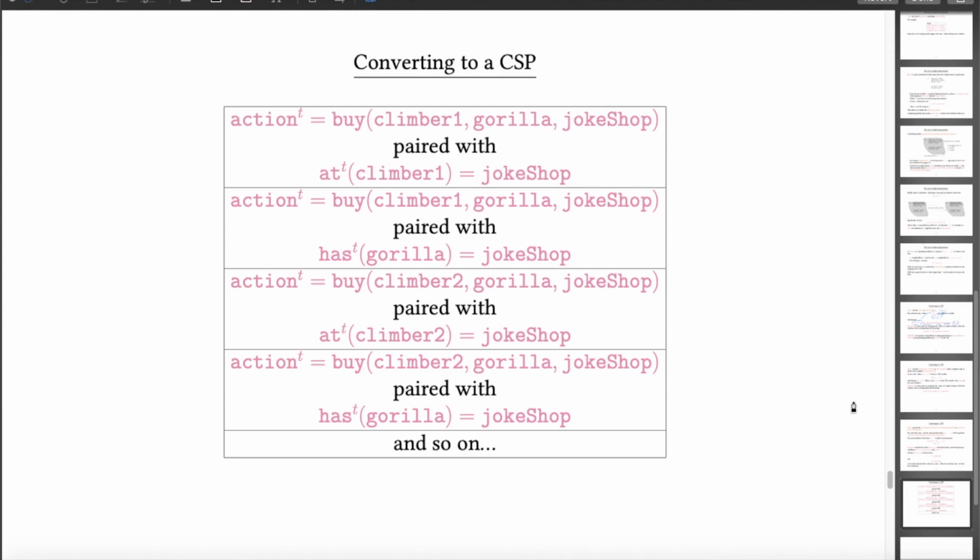So, in order to buy climber 1 gorilla joke shop, we have to have the preconditions at climber joke shop and has gorilla joke shop. Each of those preconditions is turned into a binary constraint within the CSP, and those are included for all possible times t within a plan. And we do that for all ground actions with their corresponding ground preconditions for all possible times.